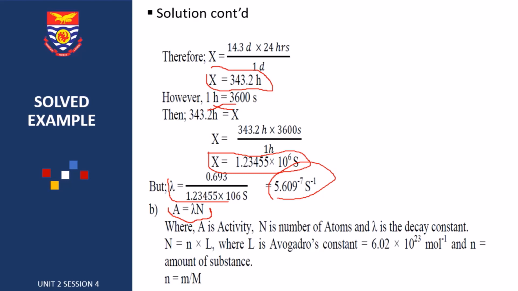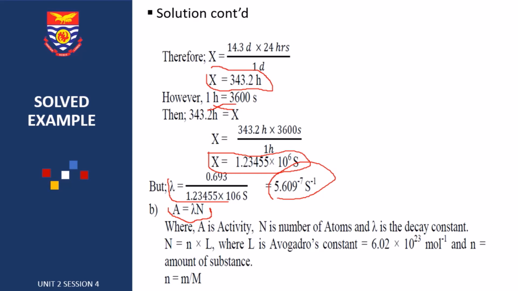So we need the number of atoms, N, multiplied by the decay constant, which we calculated in A, to get the activity. But in this question, we have been given the mass of the sample, not the number of atoms. So we need to convert the mass of the sample to the number of atoms.